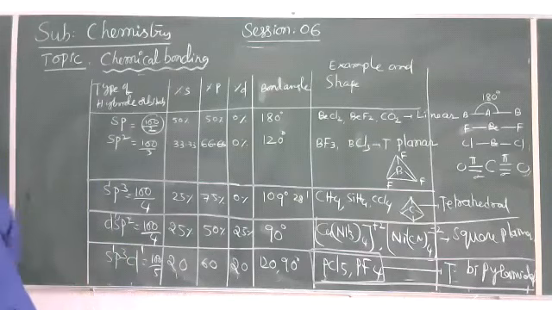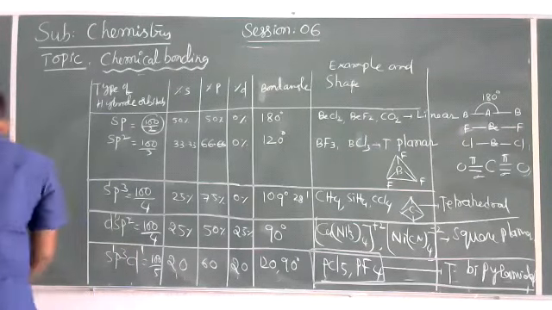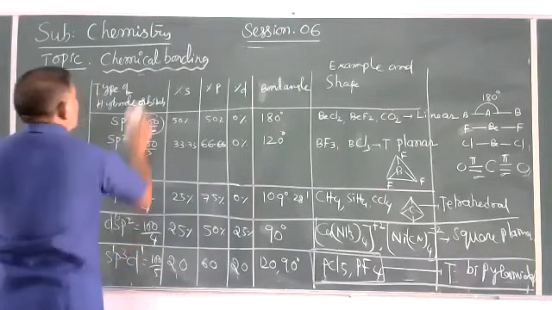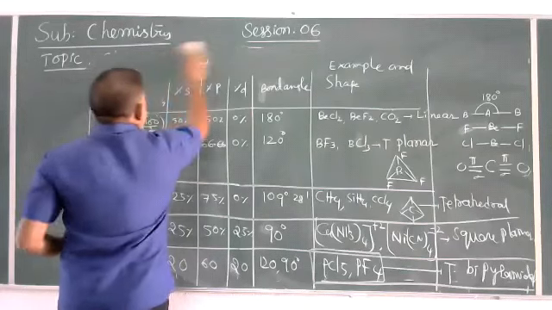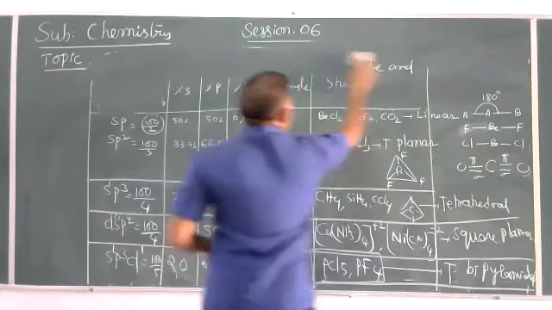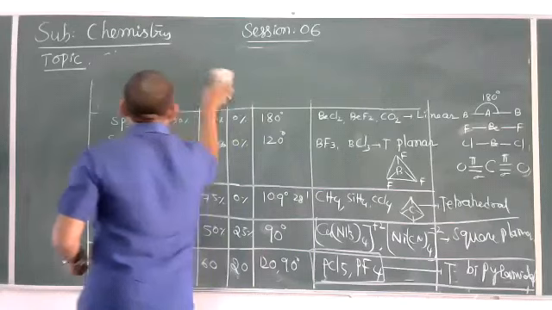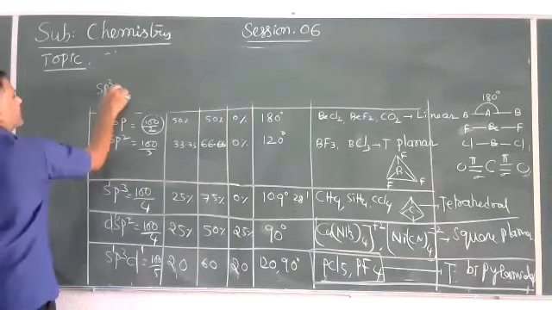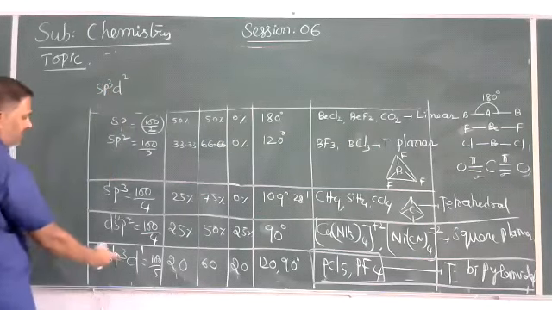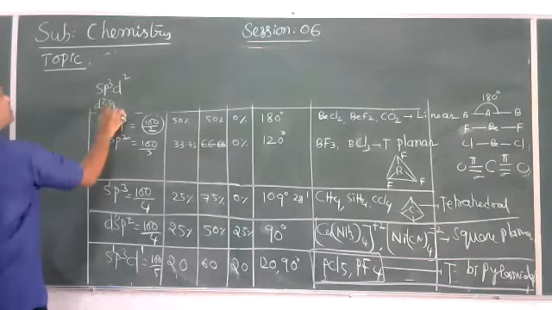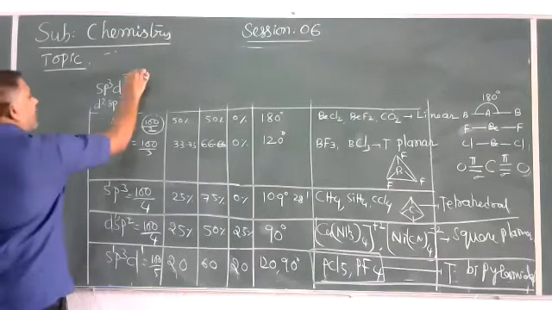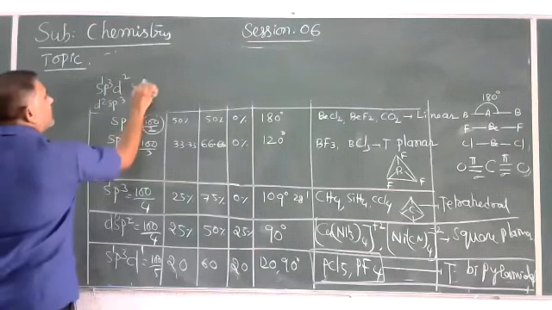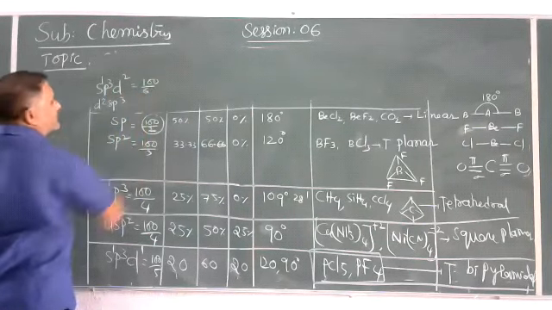One more important example on the basis of hybridization concepts is sp3d2 or d2sp3 hybridization. Here 1 plus 3 plus 2, in total 6, so 100 divided by 6.